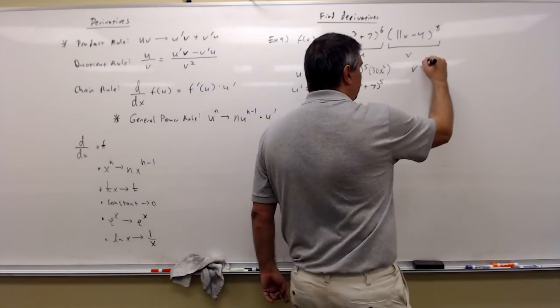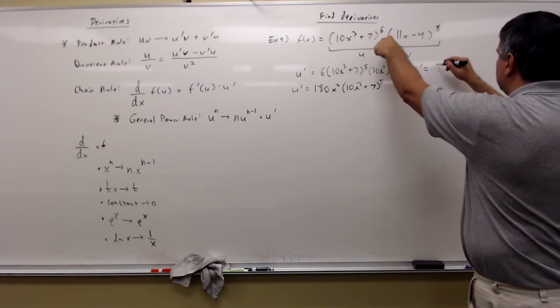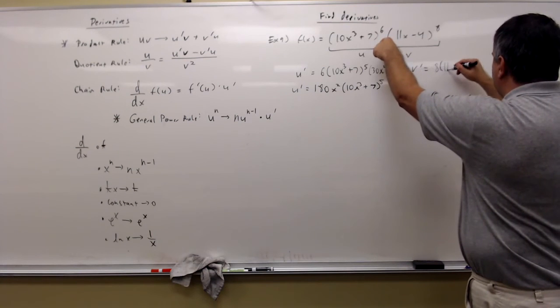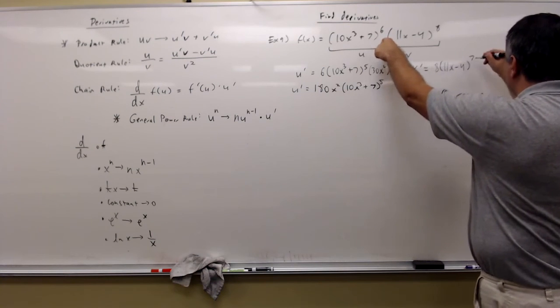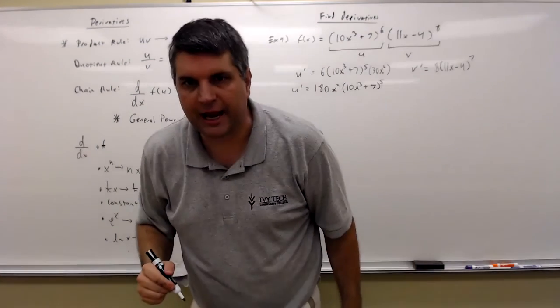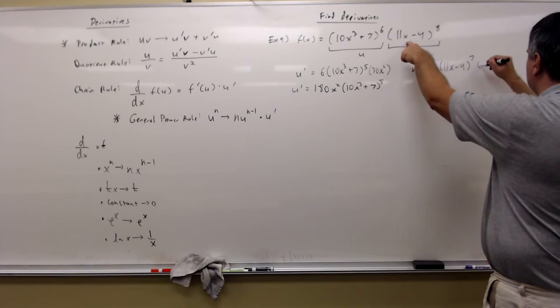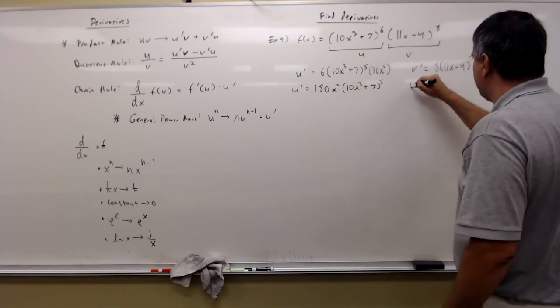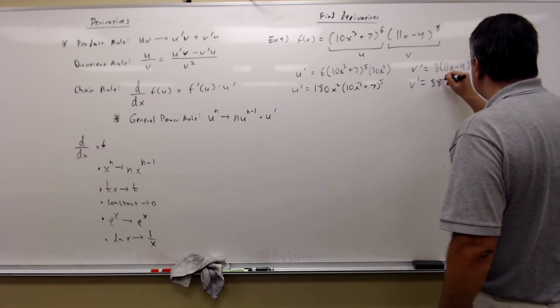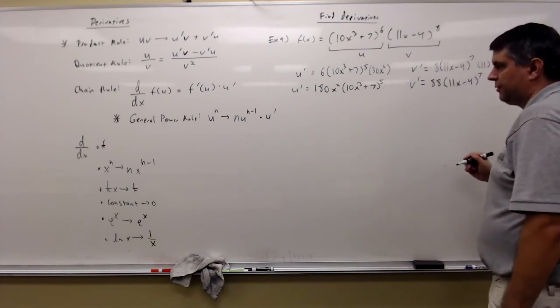V prime, I'm going to take the 8 to the front, and the power of x will go down 1. Make sure that's visible on camera. It is. And then you have to take the derivative of the inside as well. So v prime is 88 times 11x minus 4 to the 7th.